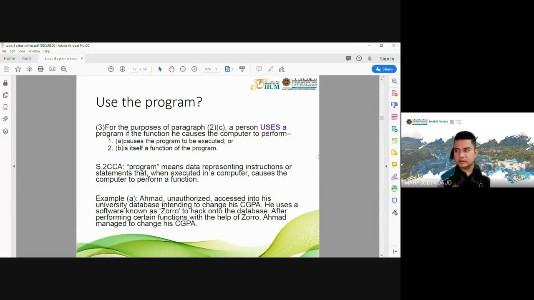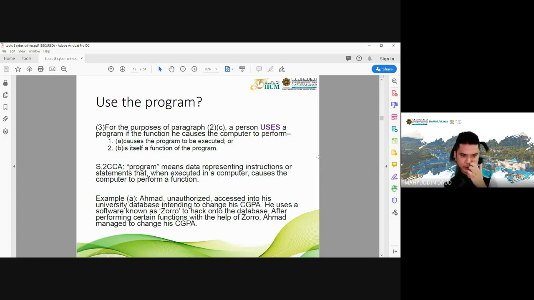Kadang-kadang macam a person hacks into a particular program, and then he does certain, or he entered certain kind of code. Because of him entering those codes, it causes something to appear, or a certain kind of function to be executed.